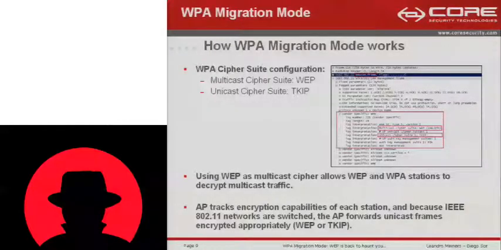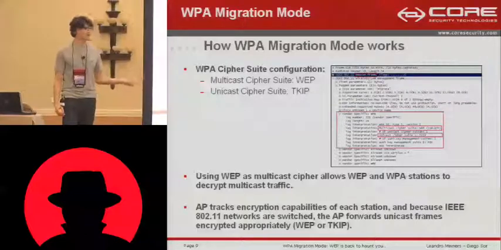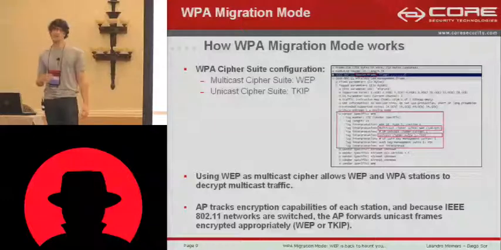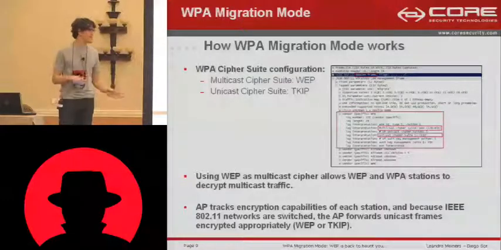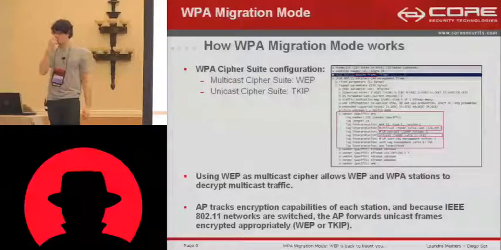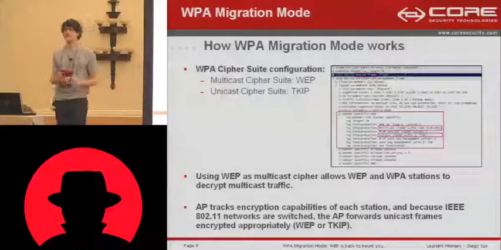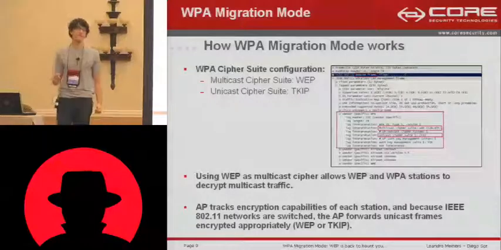So basically, this AP will use WEP for multicast and broadcast, and for the stations that are only WEP stations, and will use WPA for unicast traffic for WPA, or TKIP in this case, stations, right? So the AP tracks which station is WEP and which station is WPA and forwards accordingly.